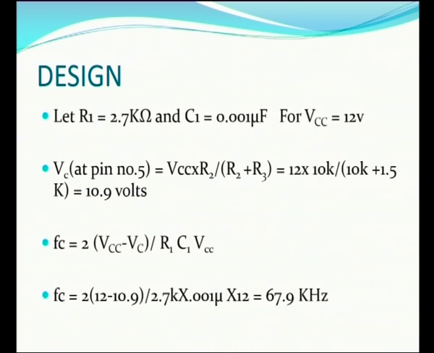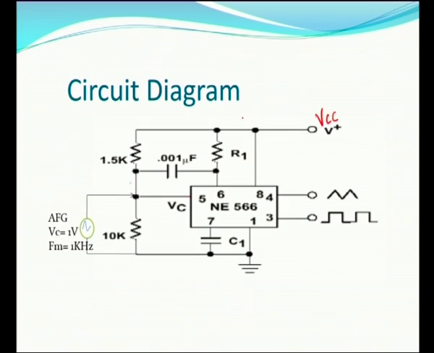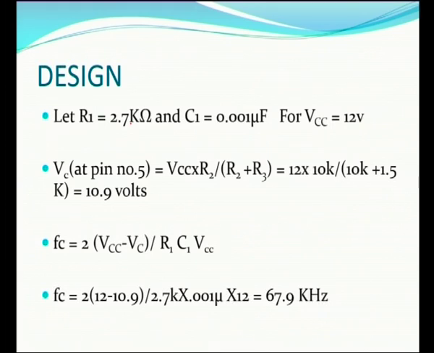In the design process, in order to fix the free running frequency of the VCO, we are going to fix resistor R1 to be equal to 2.7 kilo ohms, capacitor C1 to be equal to 0.001 microfarads, and Vcc to be 12 volts. For this set of values, we will see the free running frequency of the VCO.